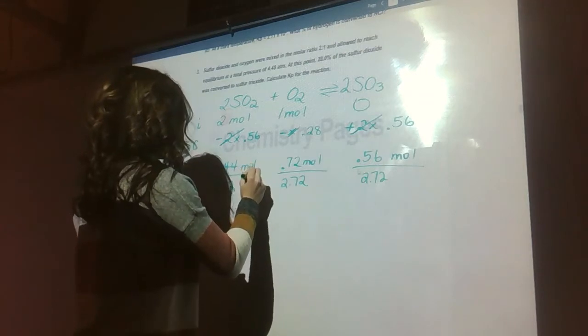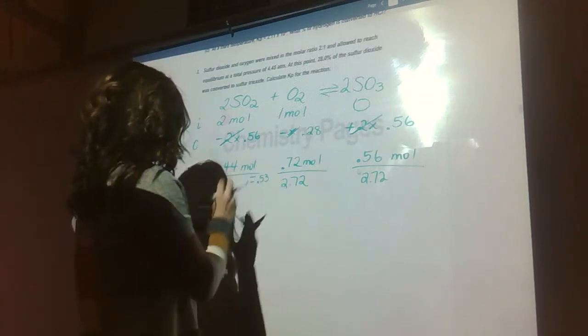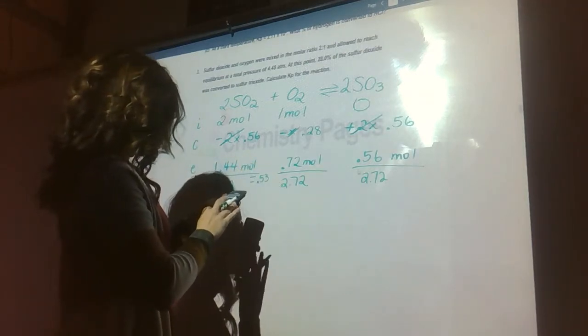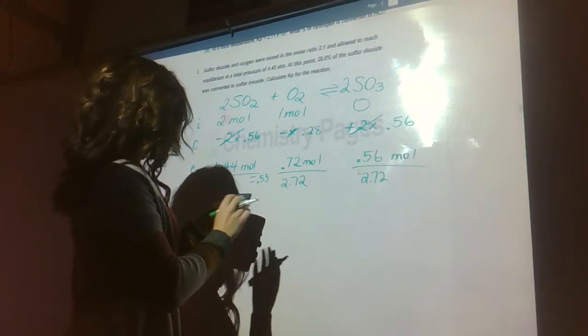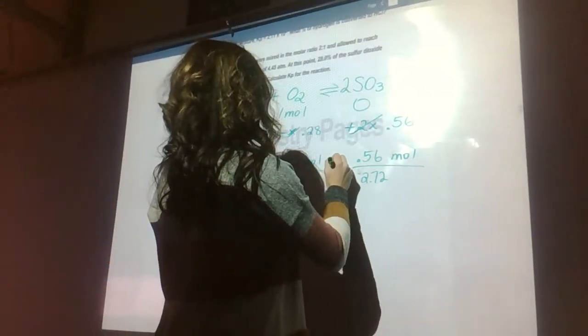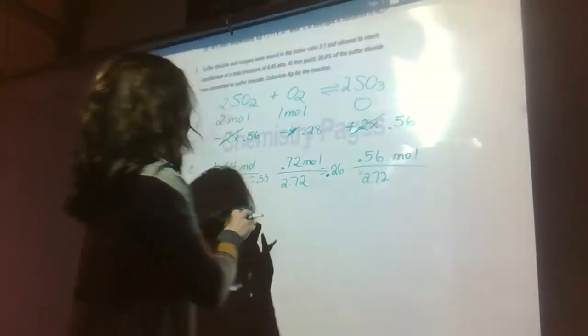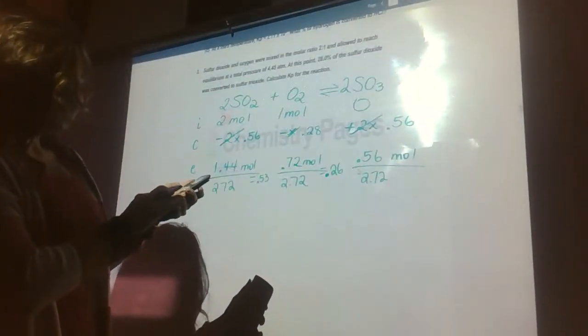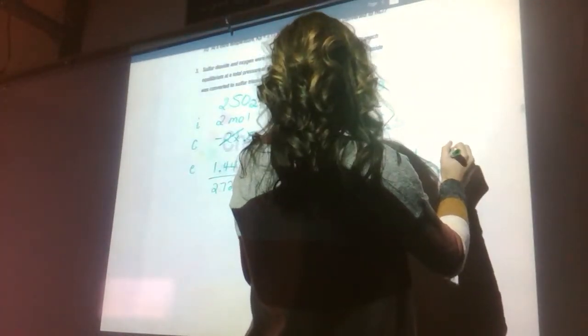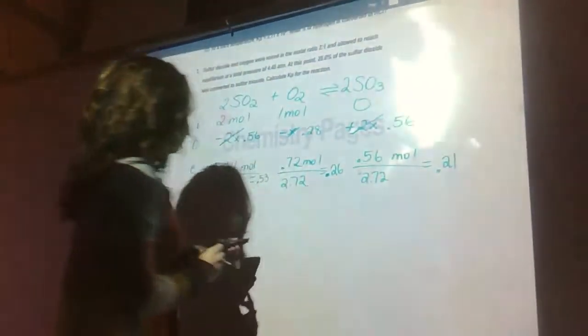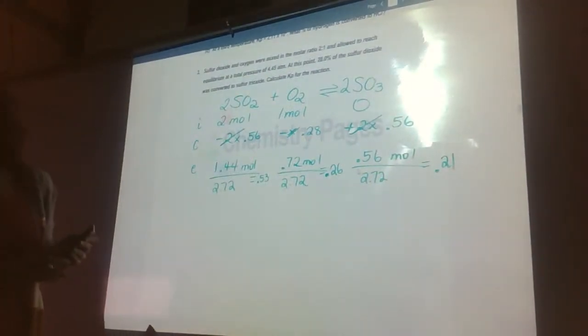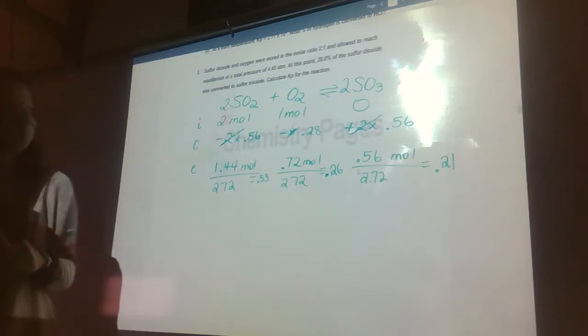And I get 0.53, 0.26, and 0.21. Those are your percentages of moles, mole fractions. Then I multiply those by the total pressure to get my partial pressures.